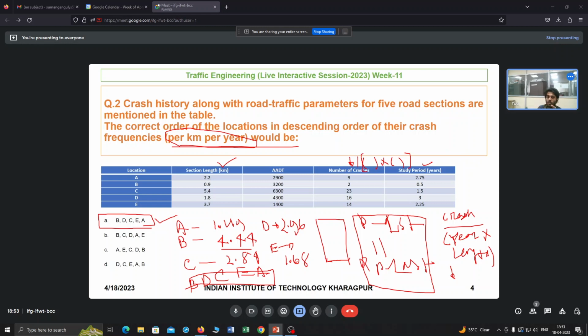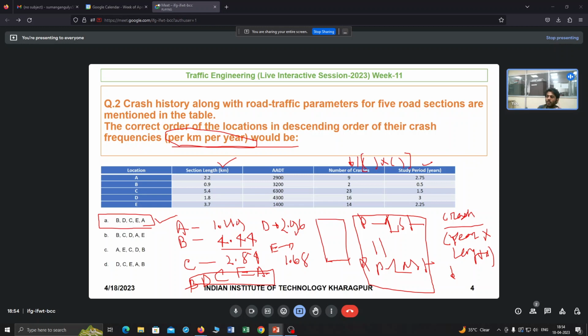Here it is very important that someone gives you the per kilometer per year unit, because suppose I change it to vehicle kilometers travelled, then our AADT will come into the picture, right? AADT and study period, and in that case our answer or result may vary, right? So depending on the purpose, this kind of result may vary. This is like, per kilometer segment per year, this many accidents occurring.